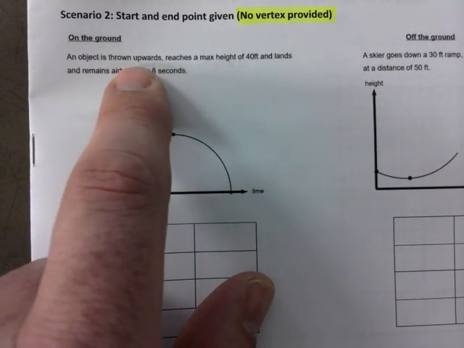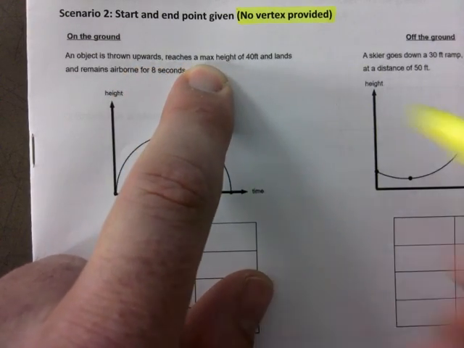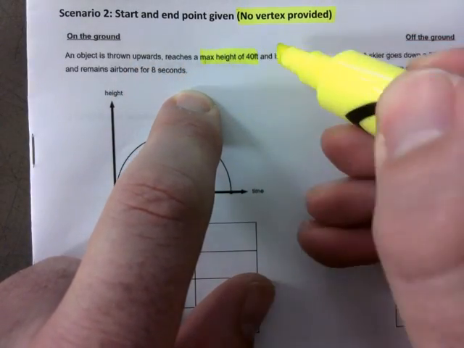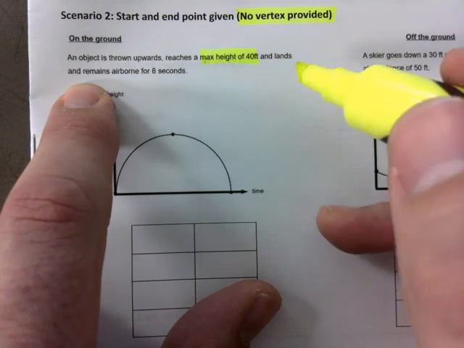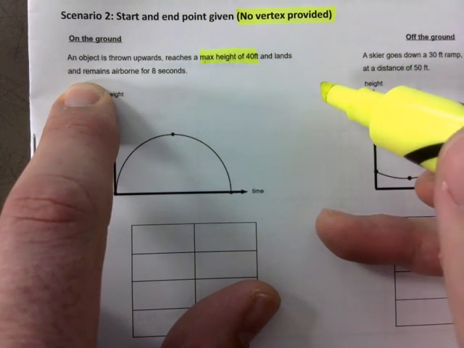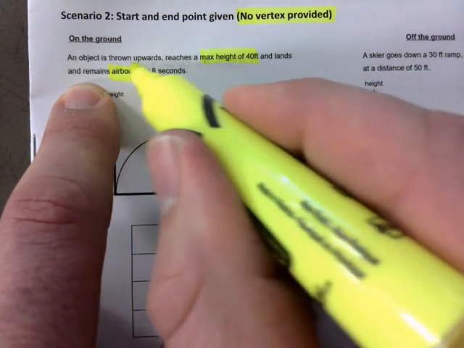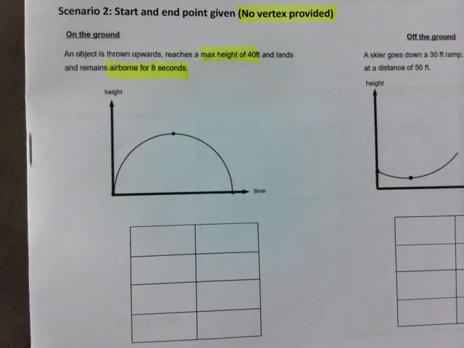As an object is thrown upwards, it reaches a maximum height of 40, and then lands and remains airborne for 8 seconds. There was a bit of a typo there, but anyways. So the object is thrown upwards, reaches a maximum height of 40, and lands 8 seconds later.